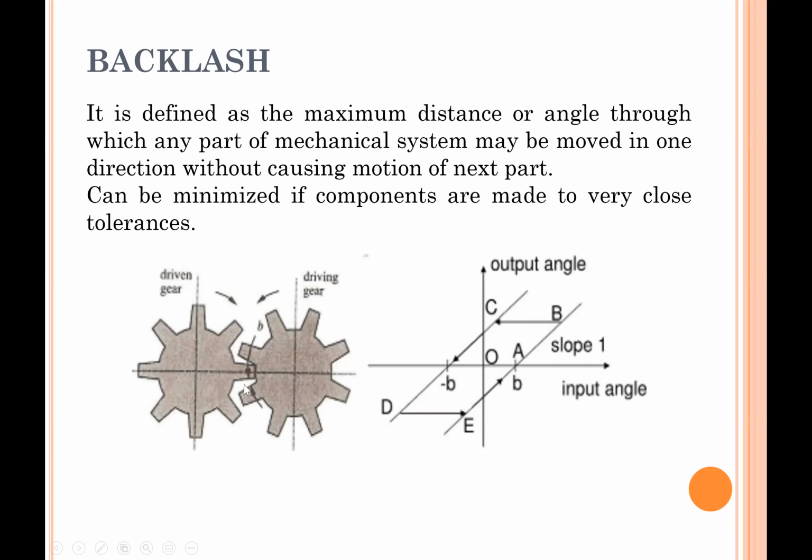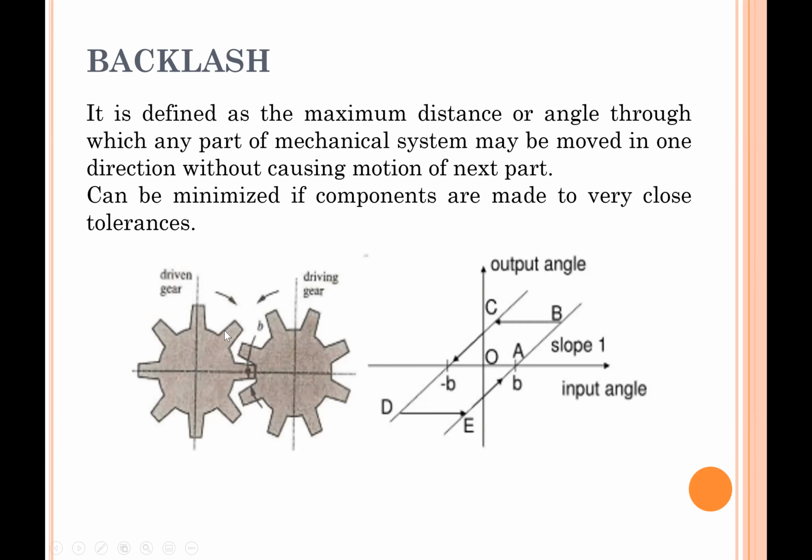When they are not coming in contact, this 3 or 4 degrees, when I drive my driving gear, the driven gear does not move. जब ये थोड़ा सा 2-3 degrees move करके driven gear के teeth को touch करेगा, उसके बाद मेरा driving gear driven gear को चलाना शुरू करेगा.